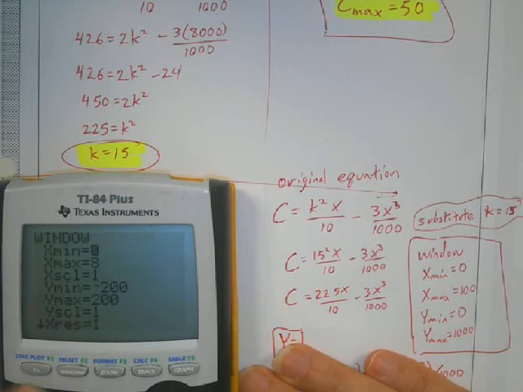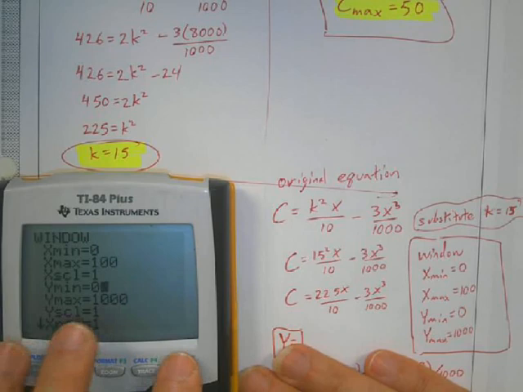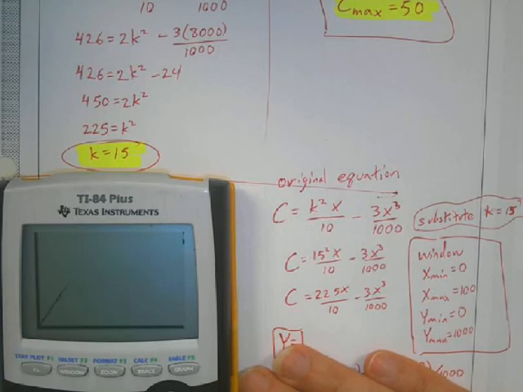Window, x max. Okay, so I've changed the window to what I stated here, graph, and we get something that looks like this.